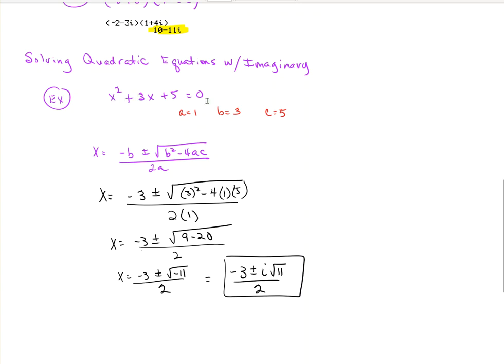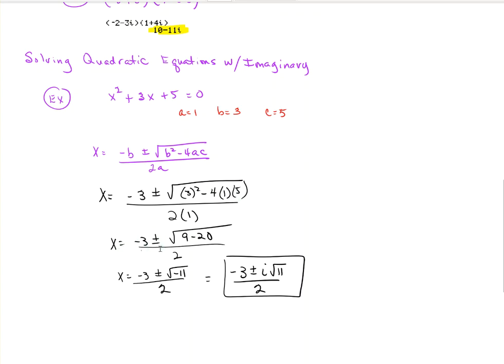So here's a quadratic. Our a is 1, b is 3, c is 5. Quadratic formula. Plug in and you have -b, so -3 plus or minus the square root of 3 squared minus 4 times 1 times 5, all over 2 times 1. And I think the parentheses inside here are really important to keep you on track.